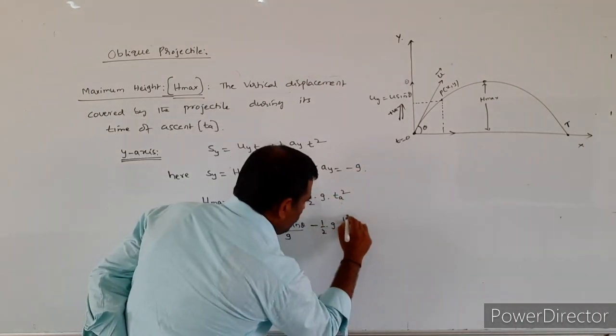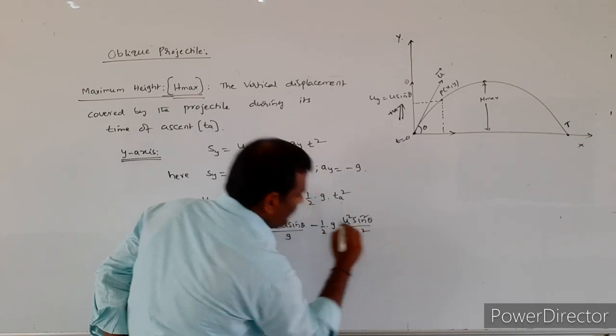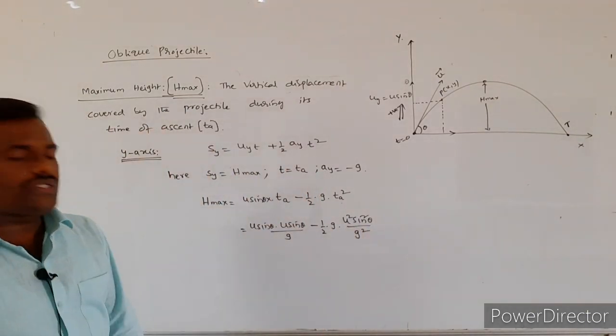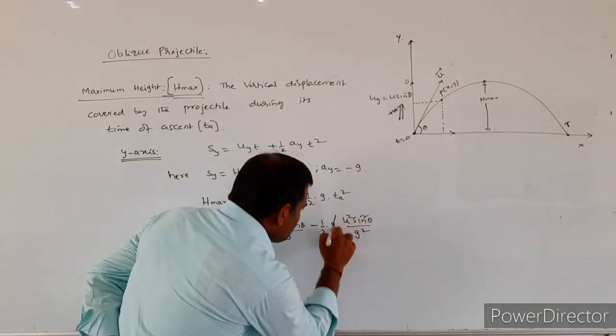Squaring gives u squared sin squared theta by g squared.